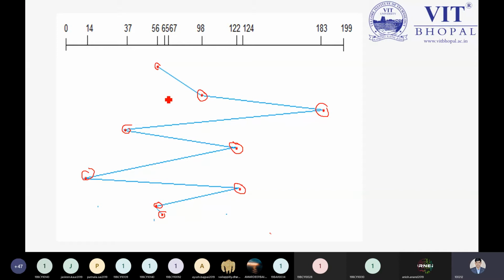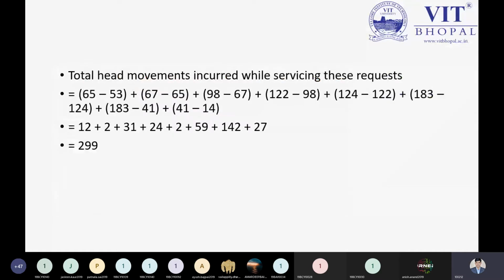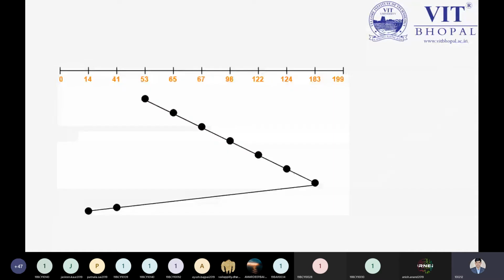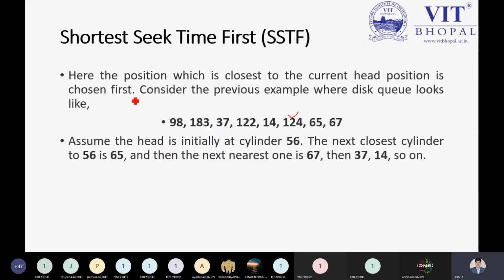Now can anyone tell me what is meant by its total accessibility time? What is its total head movement?